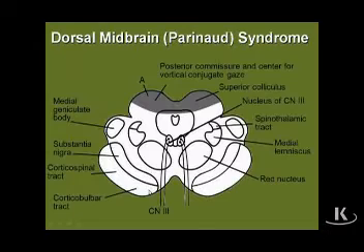Then, the other brainstem lesion that's illustrated here is not a vascular one, but one that we alluded to earlier in our brainstem conversation, and this is a dorsal midbrain compression, commonly the result of a tumor of the pineal gland.